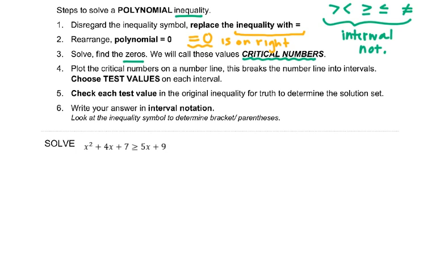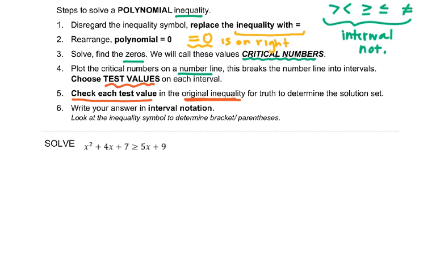After we have these critical numbers, we're going to plot them on a number line. Doing this will break the number line into intervals, and then we can choose test values. We will check each test value in the original inequality to determine whether it gives us a true or a false statement.